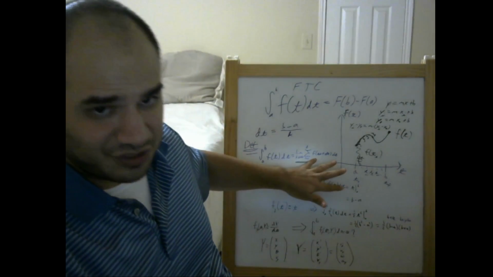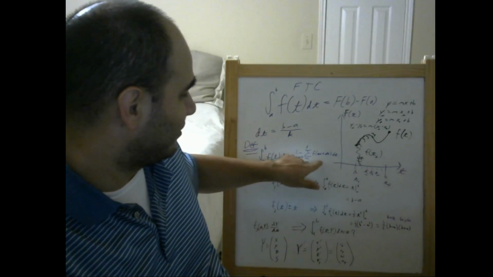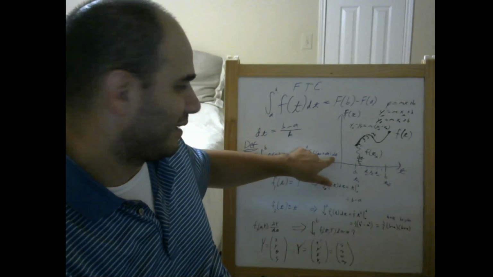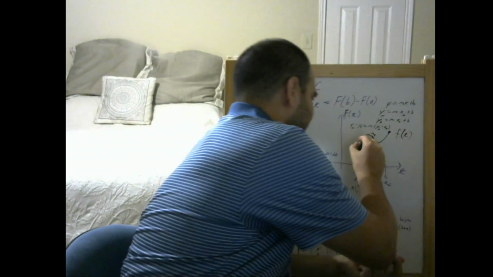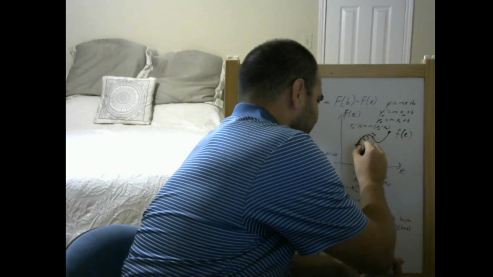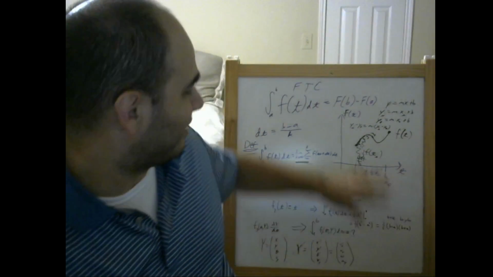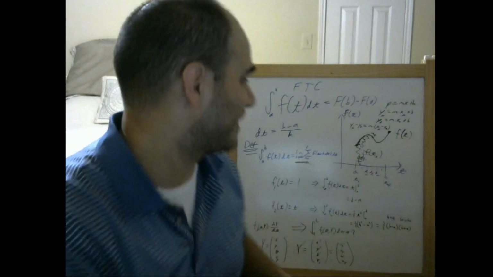And the first term in your summation is the area of this rectangle, so it's your height, f measured at that first point, times your change in t. And then you have your second measurement, which is just another rectangle.